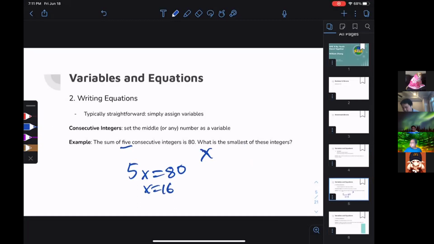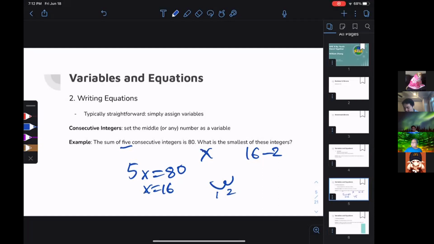But be careful, don't just put down 16 once you get that. As you said, you have to subtract 2, because the least number is 2 to the left of the middle one, 16. So that's your answer. That's another way of doing it. It's a bit like for even numbers, you can pick one of the 2 middle ones, or maybe even the average if you want to go that far.